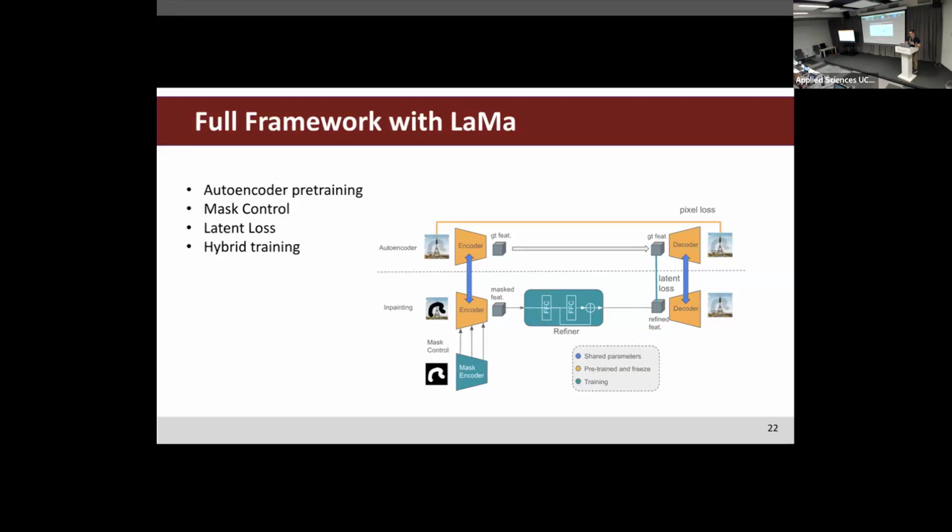From our parameter search, we managed to converge this model using a really small coefficient for the latent loss. And our motivation here is that gradients from the latent loss are much stronger than those from the pixel space, because this gradient has to go through the decoder and its magnitude becomes lower. But this is for future research.